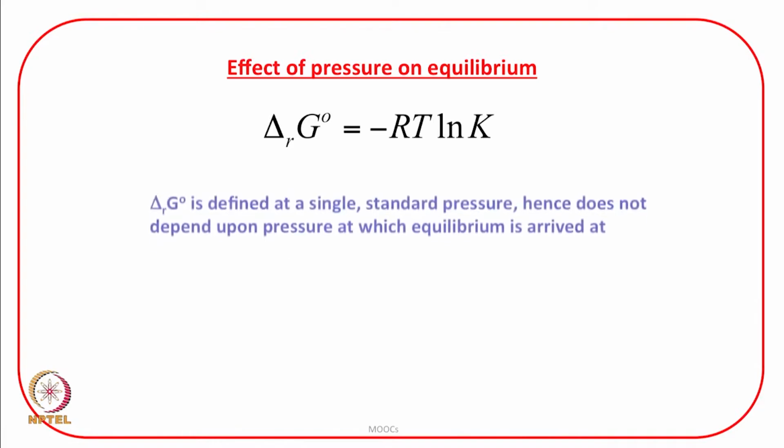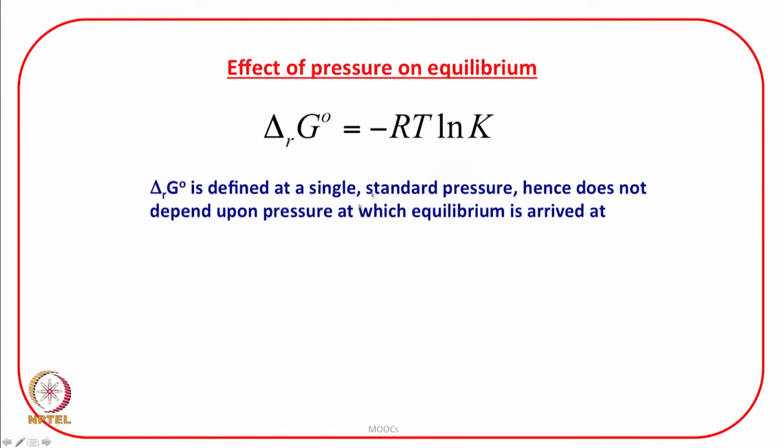And that is why it is commented over here that delta R G naught is defined at a single standard pressure and hence does not depend on the pressure at which equilibrium is arrived at, and therefore, I can very comfortably write that dou K by dou P at constant temperature is equal to 0. This derivative being equal to 0 means K does not depend upon pressure as long as the temperature is held constant. But is it always true?